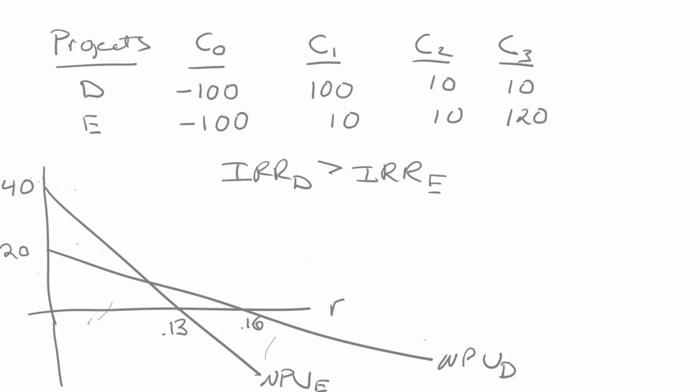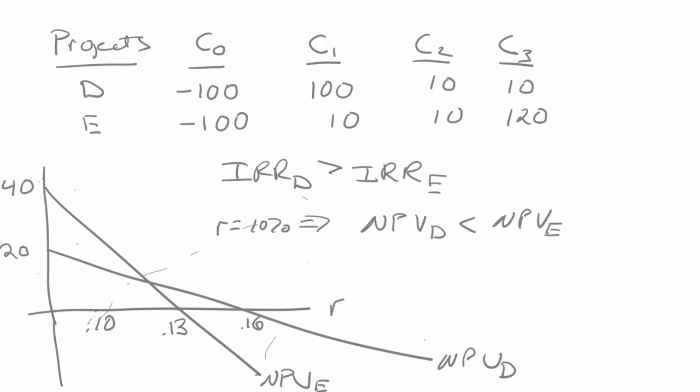Not necessarily. Suppose your discount rate is 10%. So if R equals 10%, then the NPV of D is actually lower than the NPV of E.